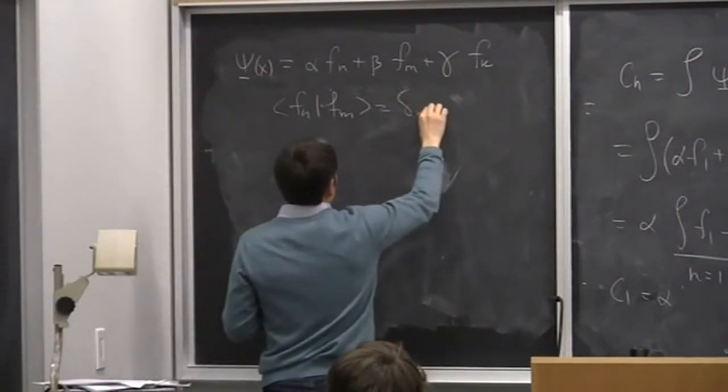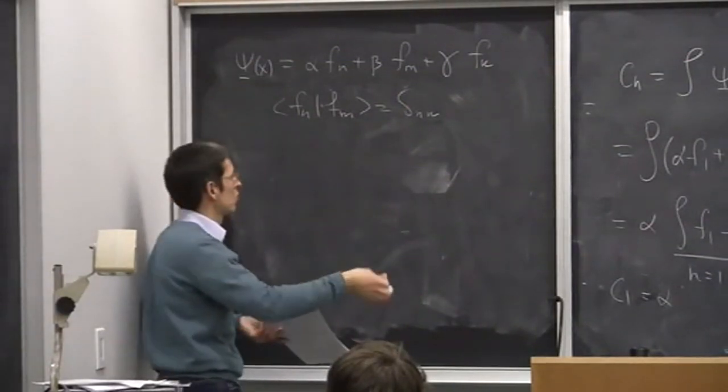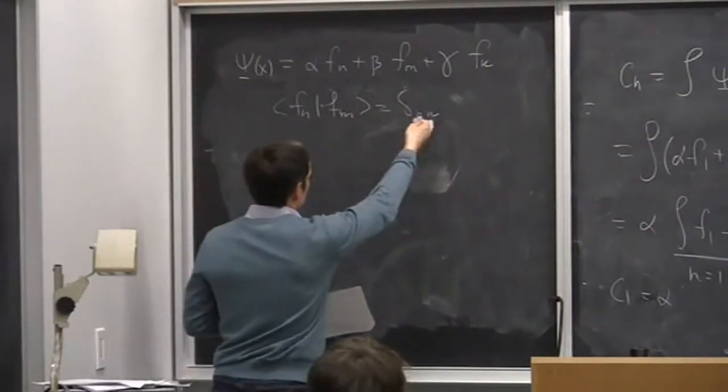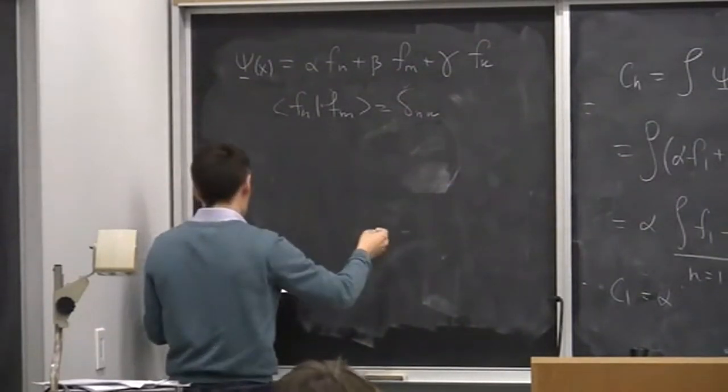I use the Kronecker delta symbol here: delta nm is equal to 0 when n does not equal m, and equal to 1 when n equals m. That's just a shorthand notation.